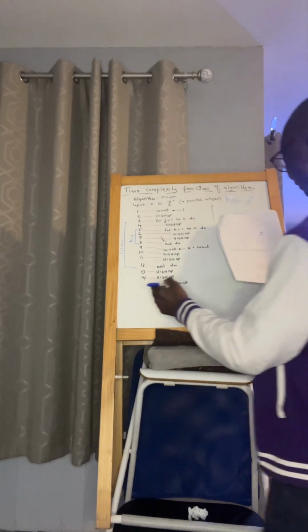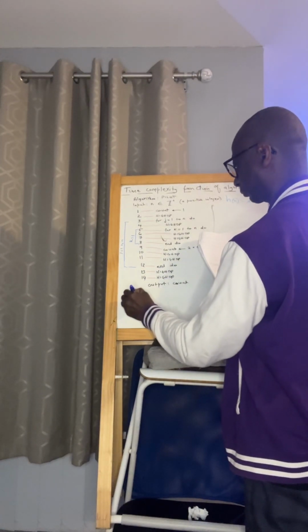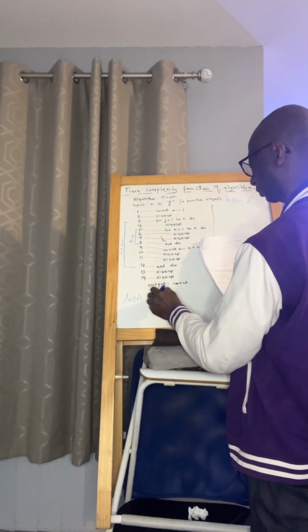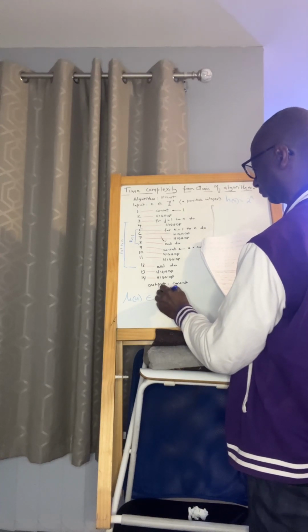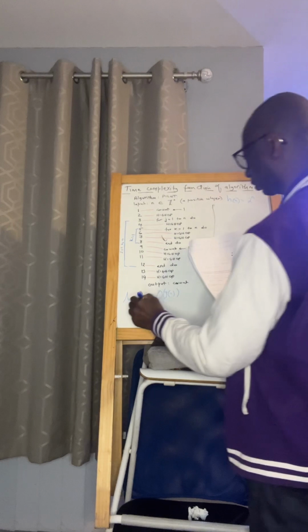Let me write it here: h of n, big O g of n, or g of n.